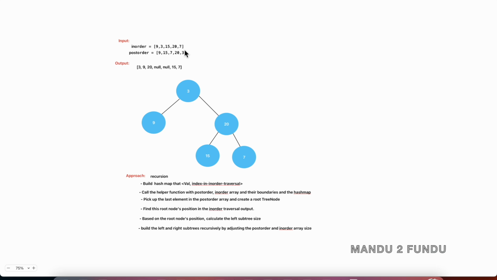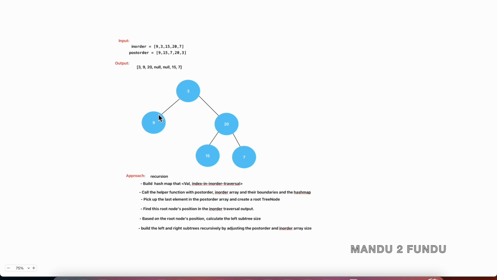In this case, 3 is present at the end, so this is the root node of the entire tree. And the Inorder traversal traverses the tree from left to right. For example, 9, 3, 15, 20, 7.